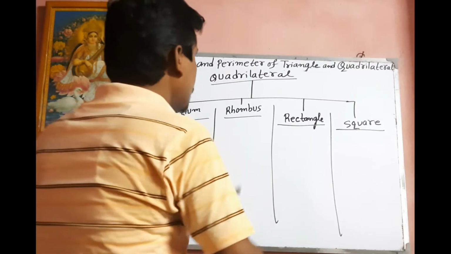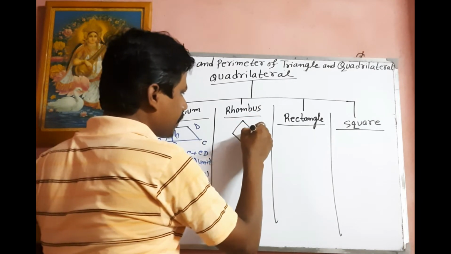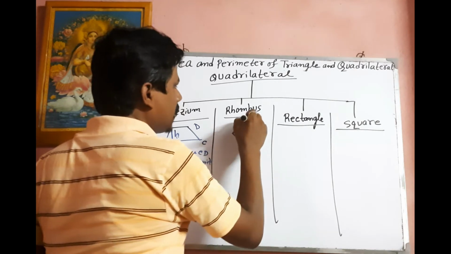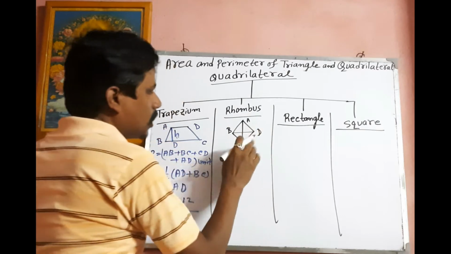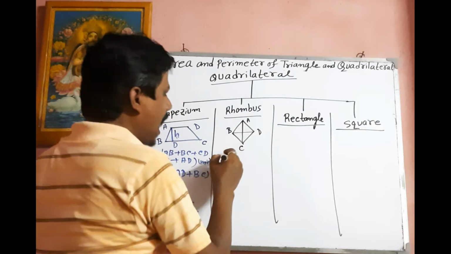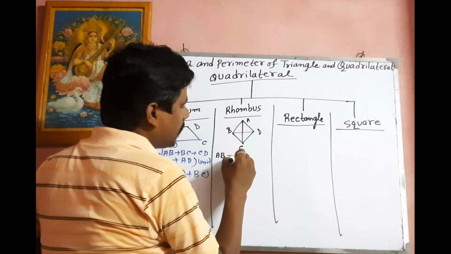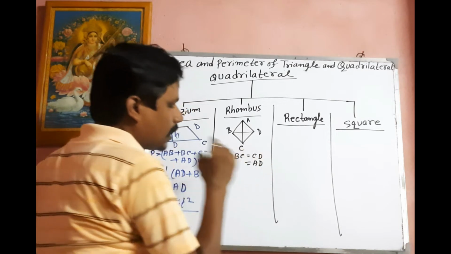Now we are discussing the rhombus. This is the rhombus, named ABCD. ABCD is the rhombus, and AB is equal to BC is equal to CD is equal to AD.